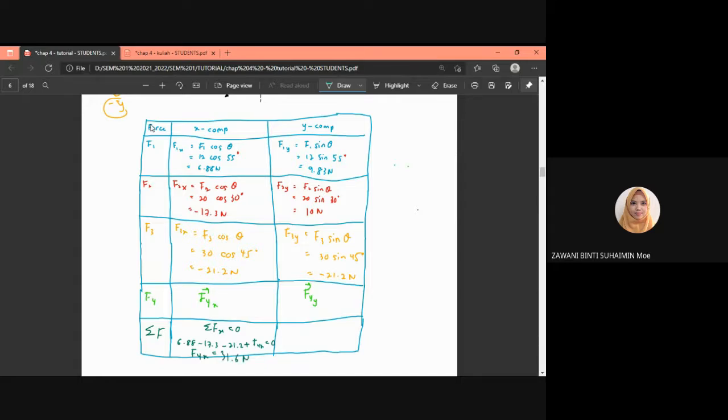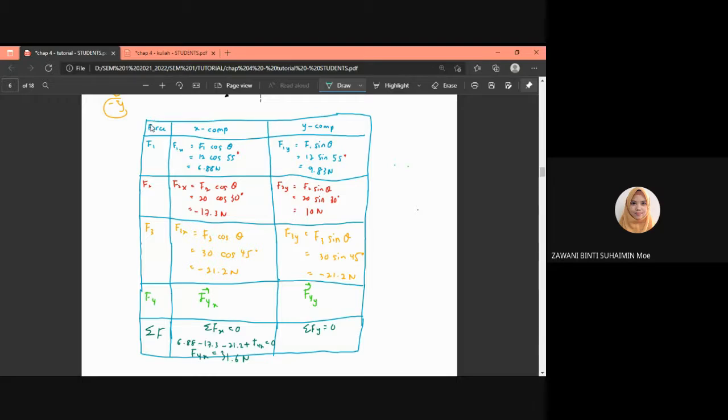So untuk Fy, untuk kita jadikan sistem itu balance, summation of F in Y component pun mestilah kosong. Kalau summation of Fy tak kosong, maksudnya dia akan ada motion dalam Y component, sebab force dalam Y component lebih besar berbanding X component. Untuk jadikan sistem tersebut balance, maksudnya tidak bergerak, kita perlu samakan X component dan juga Y component. That's why the net force acting on the system is equal to 0.